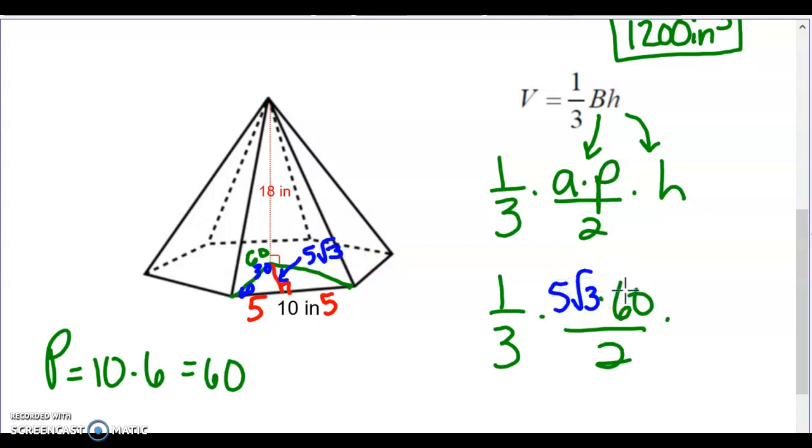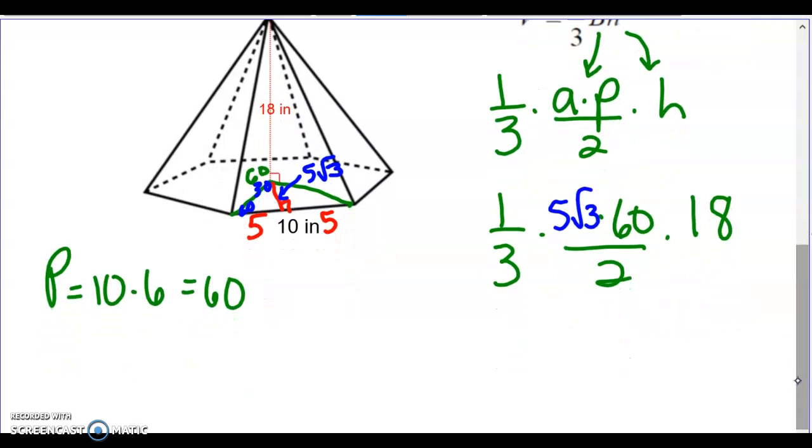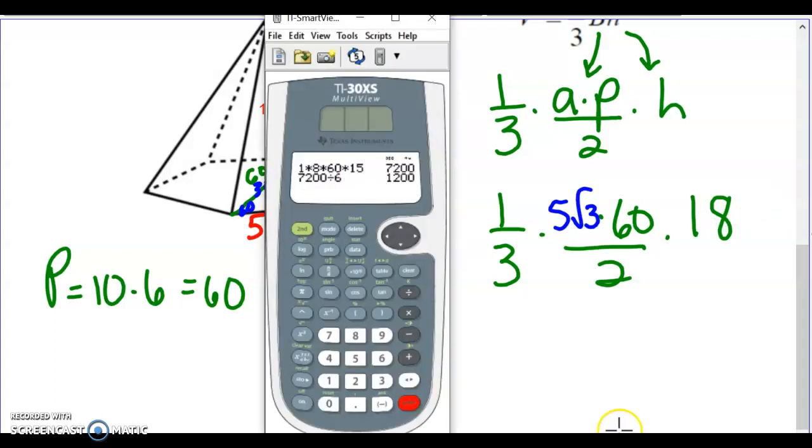Now, how tall is the entire pyramid? 18. Okay, so typing this in, I believe this one on the homework is nearest tenth. So we're going to type in 1 times 5 square root 3. I'm done with my square root, so I arrow out of it. Then times 60 times 18.